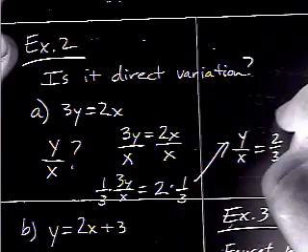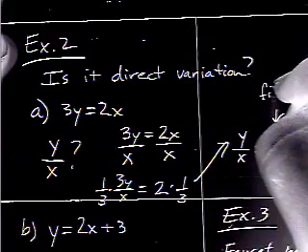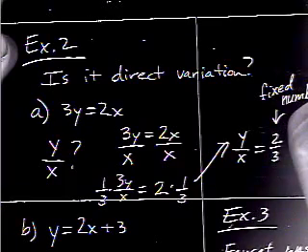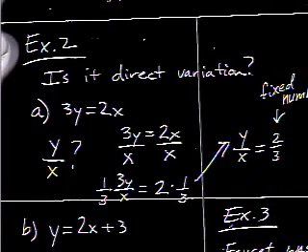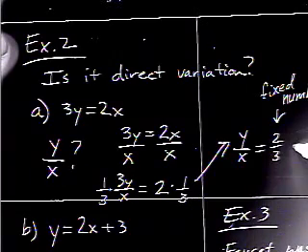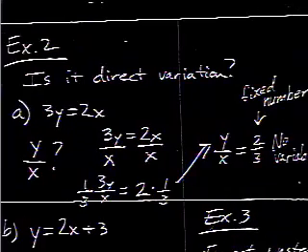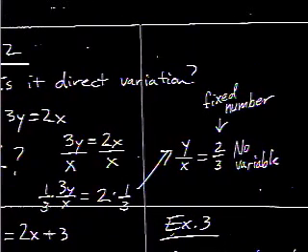Now, is this a fixed number? You ask me, well, how do I know? Well, it doesn't have a variable over here. No variable on this side. So that must mean it's a fixed number. 2/3 is not going to change.